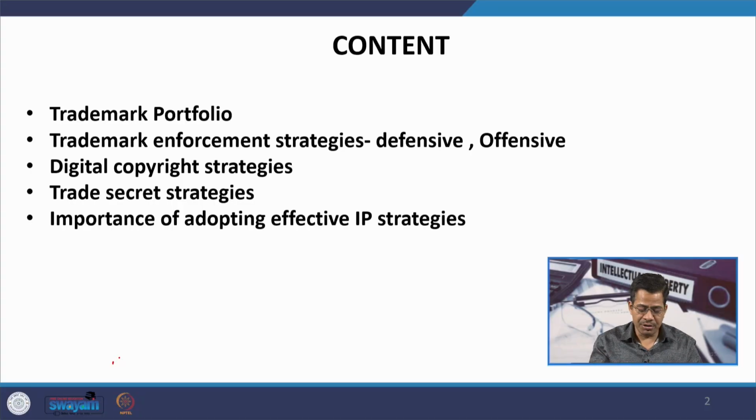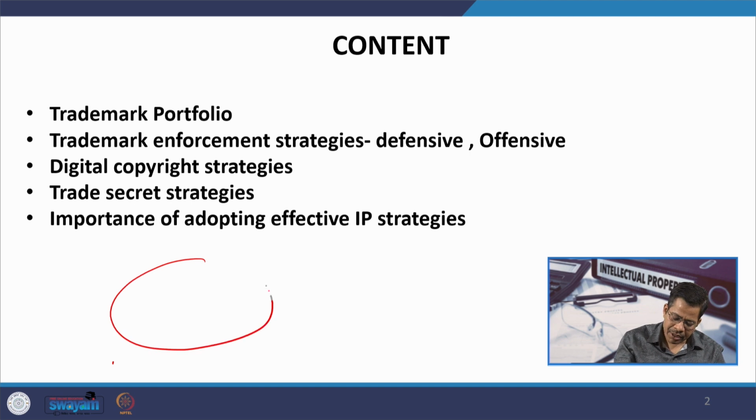Now, when we are discussing different types of IP, it is also very important to discuss that there can be a portfolio which consists only of trademarks, or one consisting of copyrights and trade secrets. So, there can be two types of portfolios.